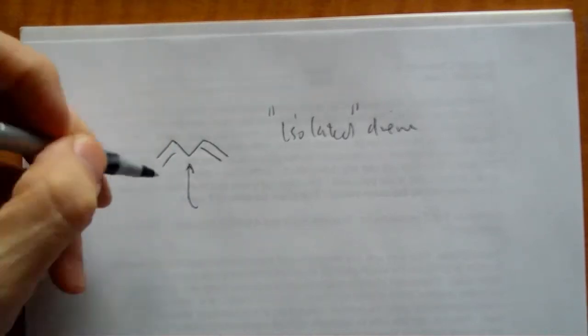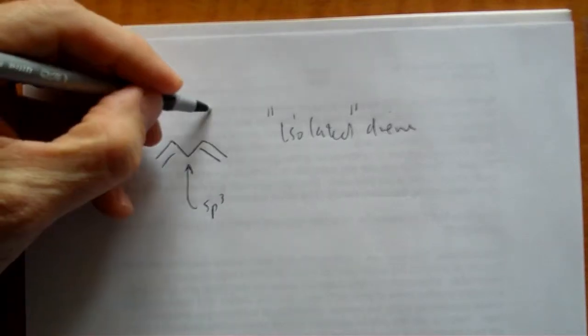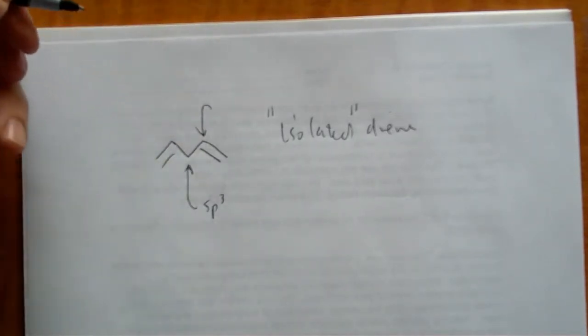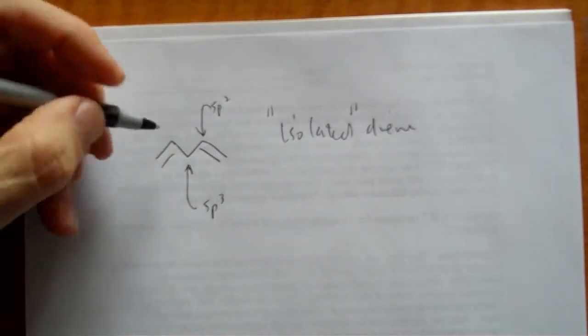You can see why it's a diene, right? And can you see why it's isolated? That's a term I've never used before. Well, what do we mean by that? Well, what's the hybridization of that carbon right there? Every time I ask the hybridization of that, I see several people say sp2.